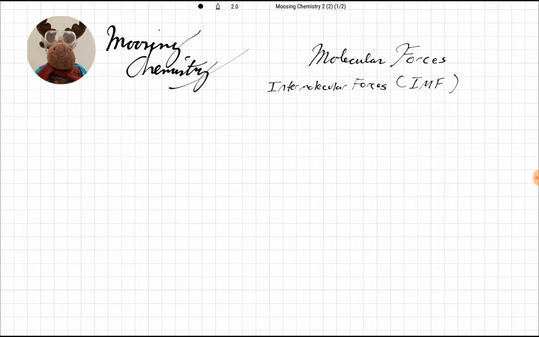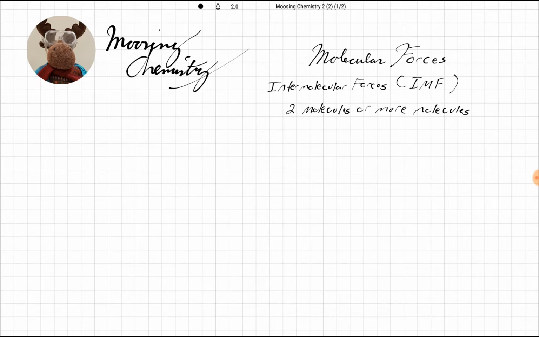Intermolecular force, that makes sense. Basically, it's an attraction that is between two or more molecules. So you have two molecules, or you can have more of them. All right? So this is kind of a basis thing.